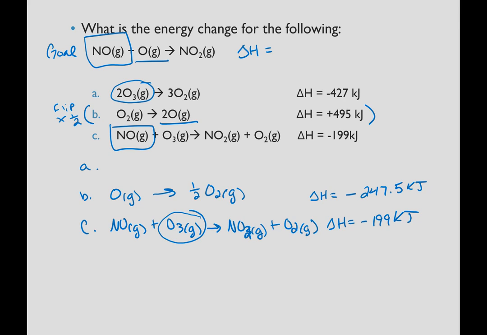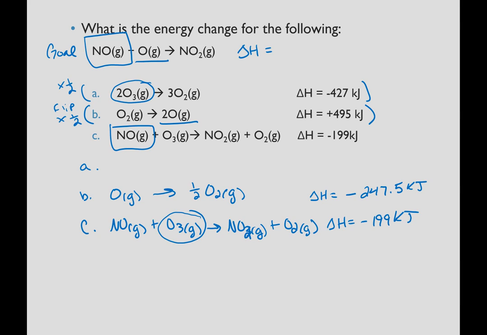Now to cancel, they have to have the same coefficient. So I'm going to multiply this by 1/2 so they get the same coefficient. But they have to be on opposite sides. When they're on the same side, they add. When they're on opposite sides, they basically subtract. Right? So if I have O3 minus O3, I have 0 O3s. It cancels.